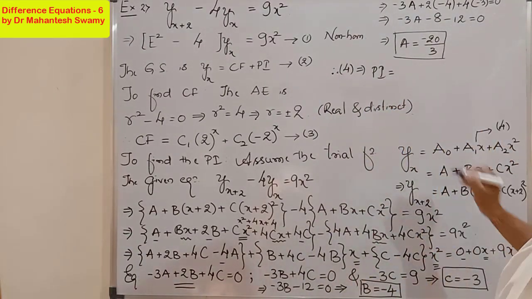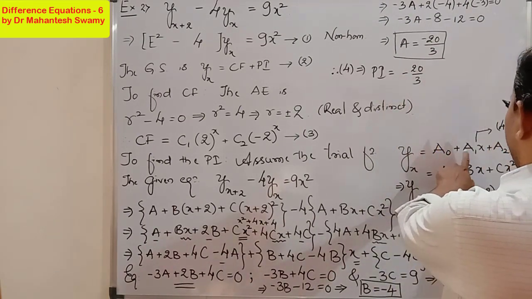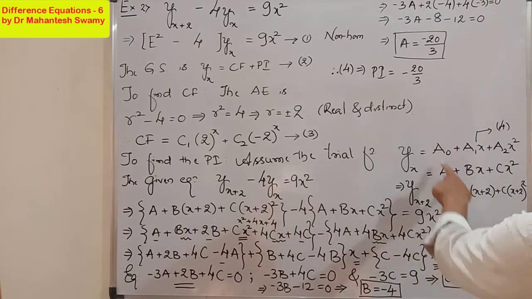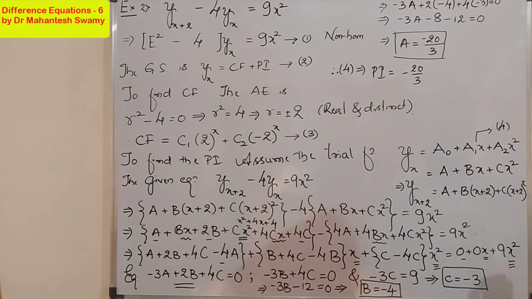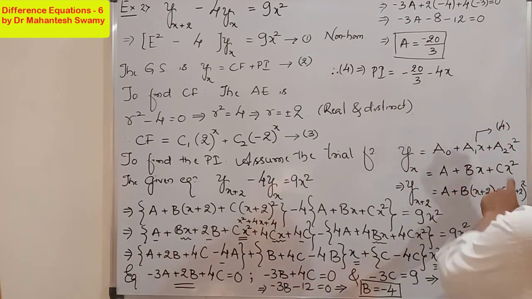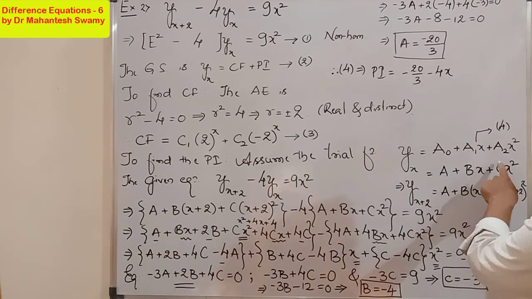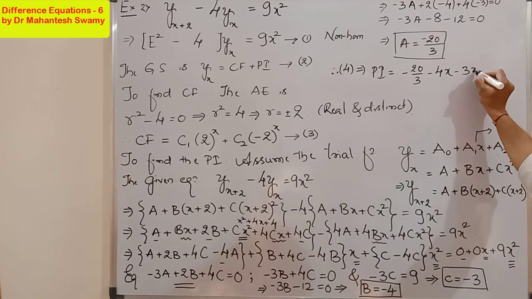Particular integral is equal to a plus bx plus c into x square. The value of a is minus 20 by 3, the value of b is minus 4, and the value of c is minus 3 into x square.